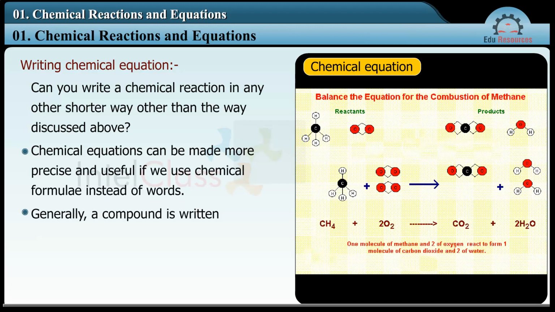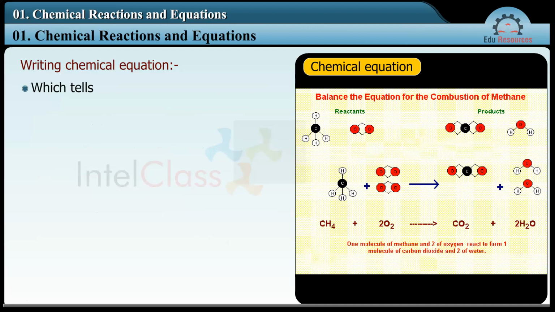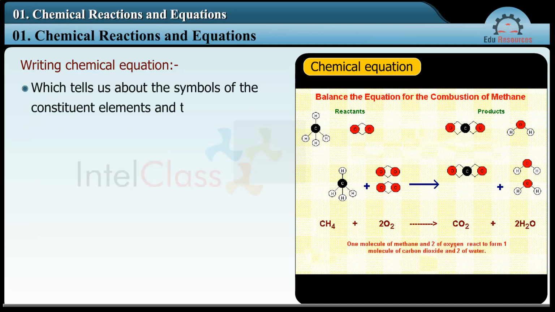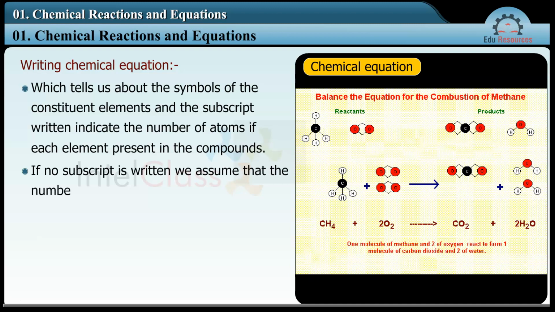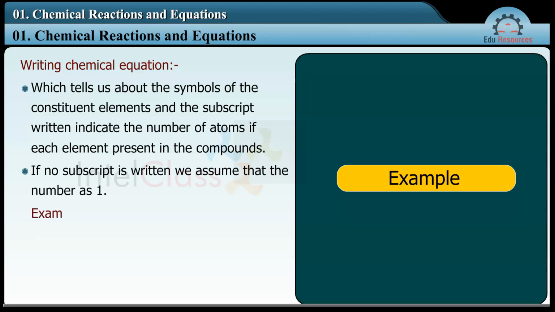Generally, a compound is written by giving its chemical formula in order of symbols, which tells us about the symbols of the constituent elements, and the subscripts written indicate the number of atoms of each element present in the compound. If no subscript is written, we assume the number as 1.